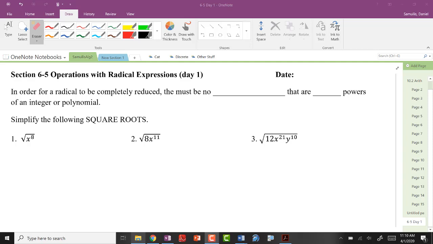In order for a radical to be completely reduced, there must be no factors that are nth powers of an integer or polynomial. That means you should have no exponents or factors of these values that are larger than your index value.